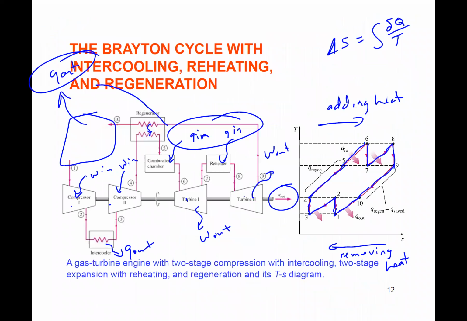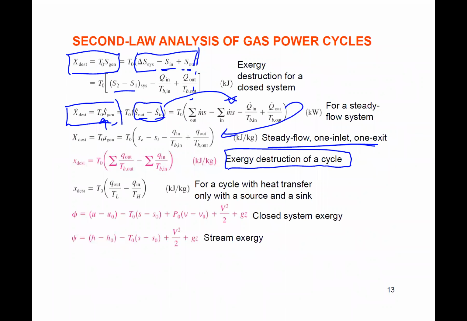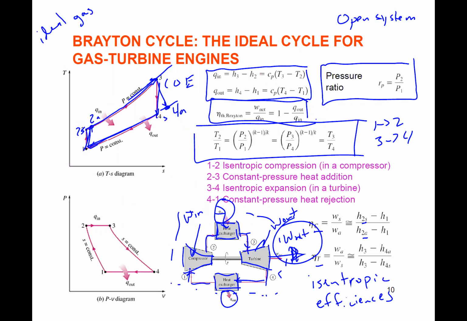But if you're doing an entropy balance to get the S gen, T naught S gen, right? If it's a full cycle, there's no work in S gen, right? It's all heat transfer. So if it's the full cycle, there's no change in entropy. So all you have is heat over temperature. So it reduces to a nice simple equation for that S gen term from the entropy balance when your boundary is the full cycle.